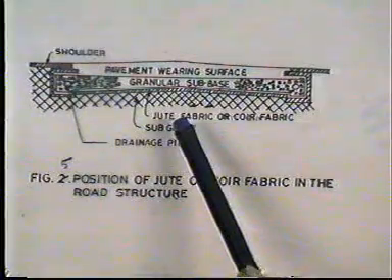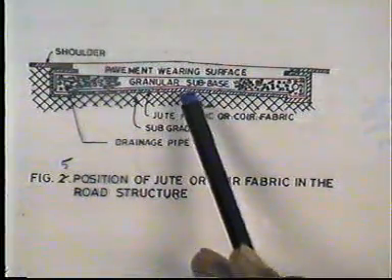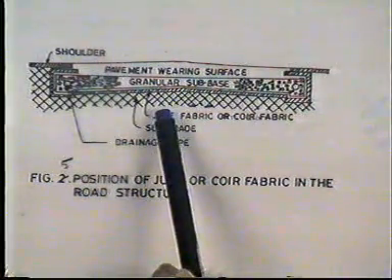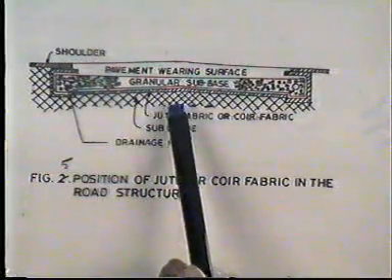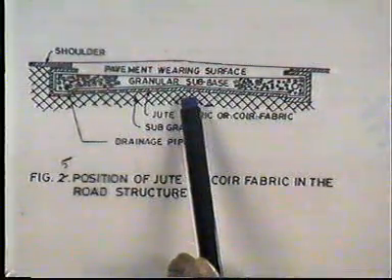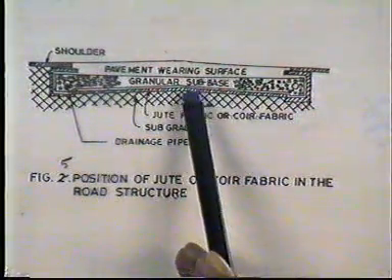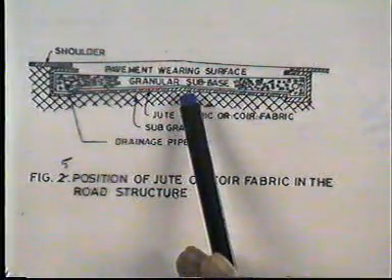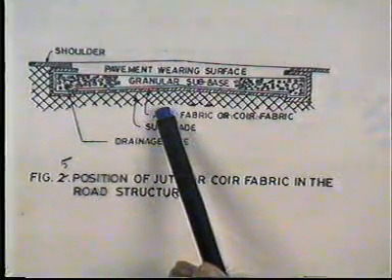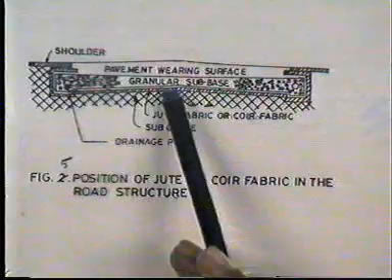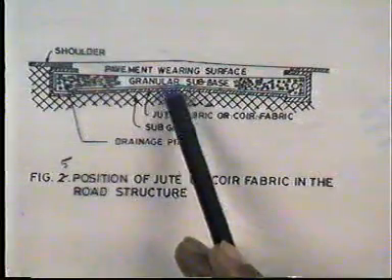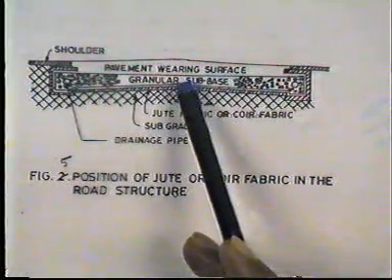Now the consolidation is made possible due to the filtration and non-clogging properties of the jute or coir, which would permit only the subsoil pore water to exit, while not letting the fines from the soil escape into the subbase.